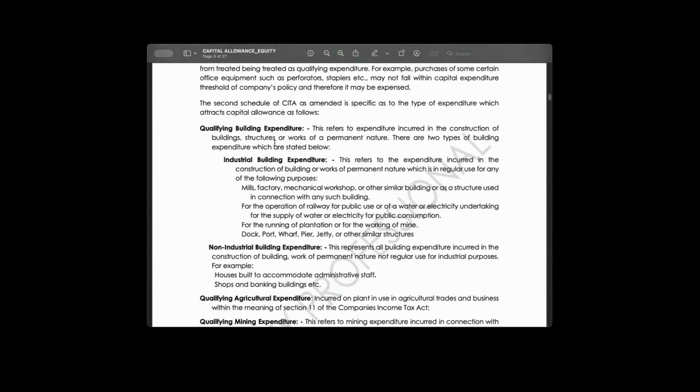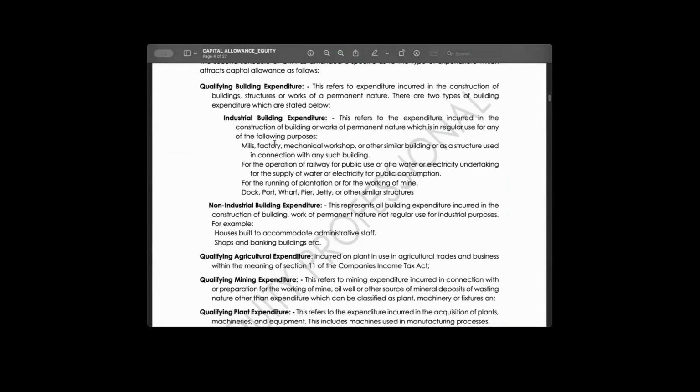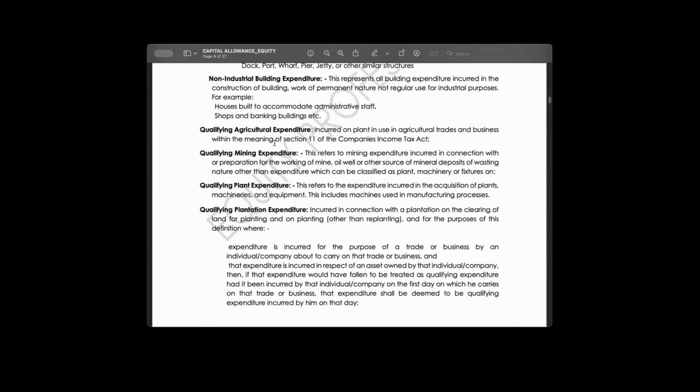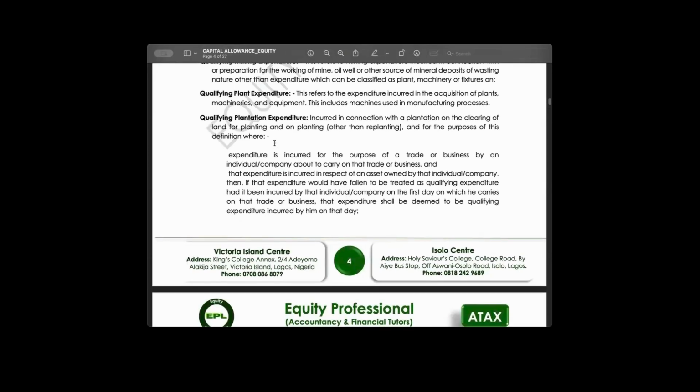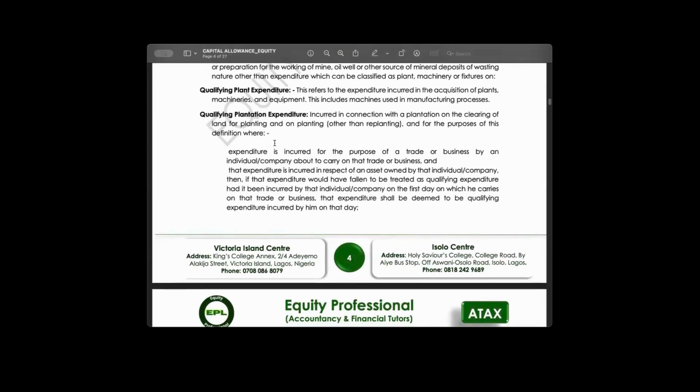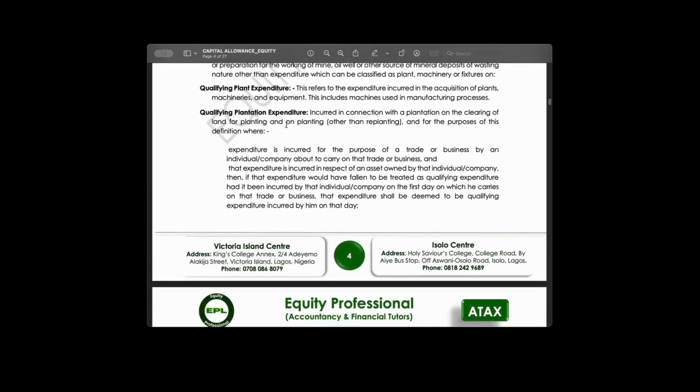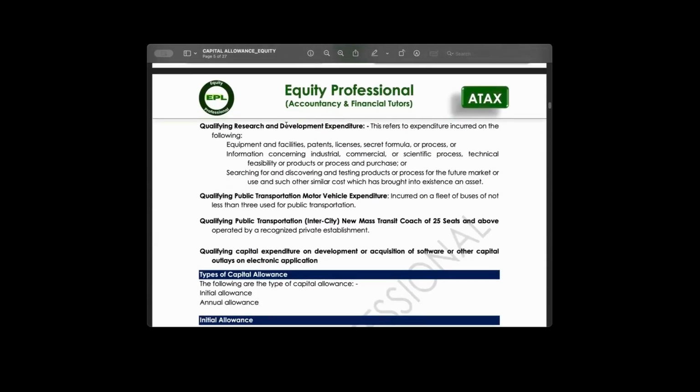We have qualifying building, under that we have industrial building and non-industrial building, qualifying agricultural expenditure, qualifying mining expenditure, qualifying plant expenditure, qualifying plantation expenditure, qualifying research and development, public transportation motor vehicle expenditure, public transport intercity new mass transit coach of 25 seats and above, and qualifying capital expenditure on development or acquisition of software or other capital outlay of electronic application.